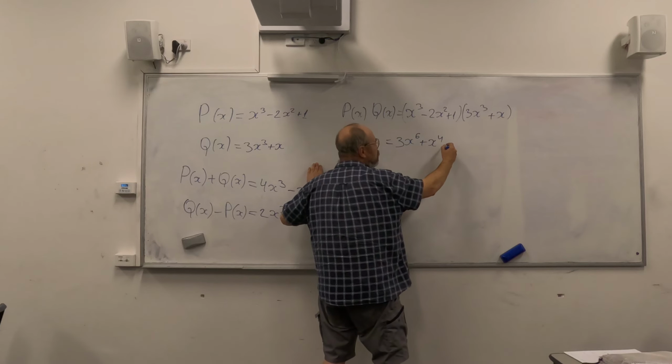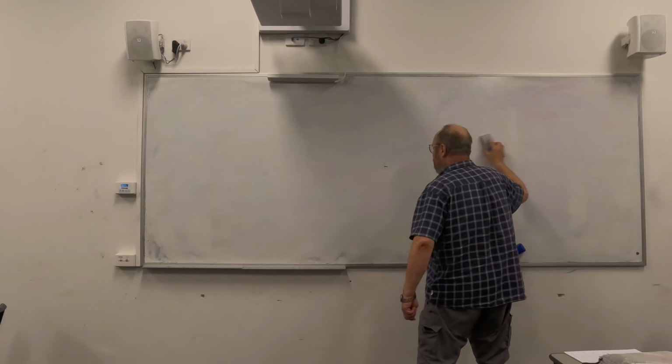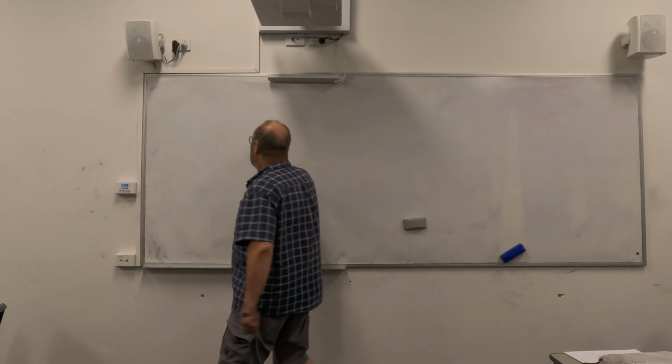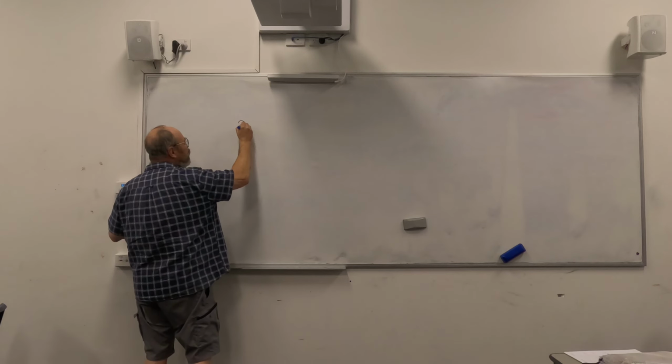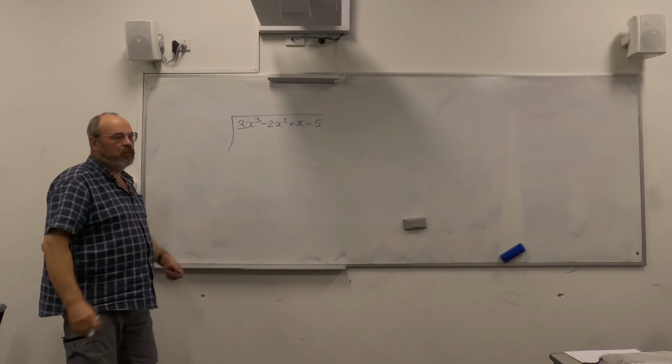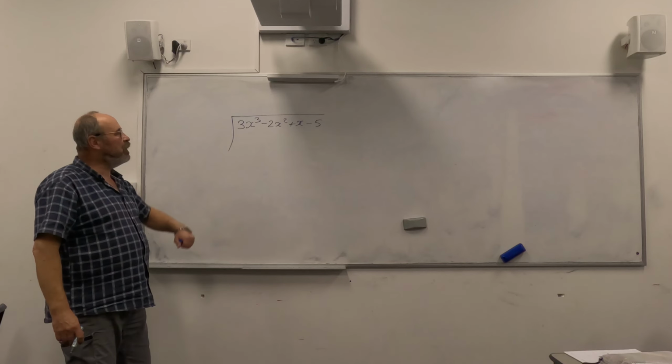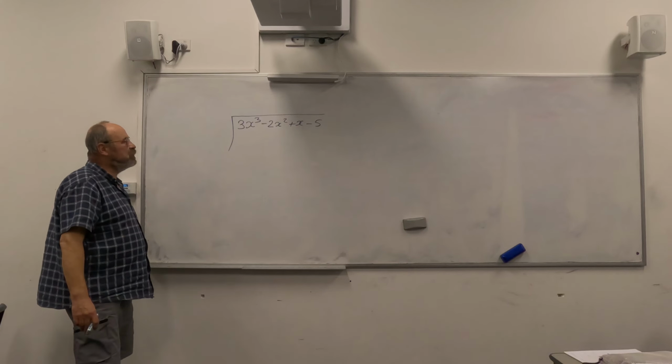So, for example, let's divide 3x cubed minus 2x squared plus x minus 5. Let's divide by x plus 1.